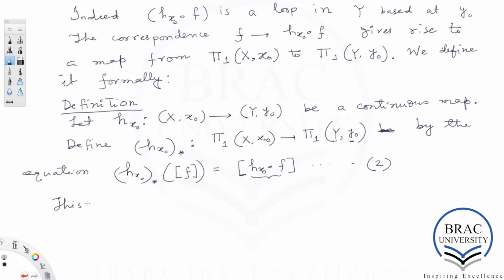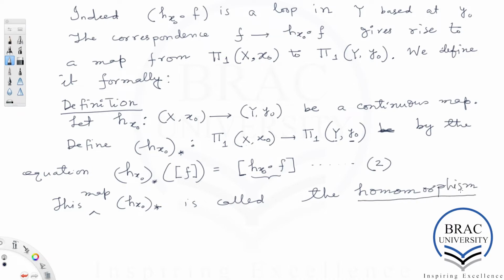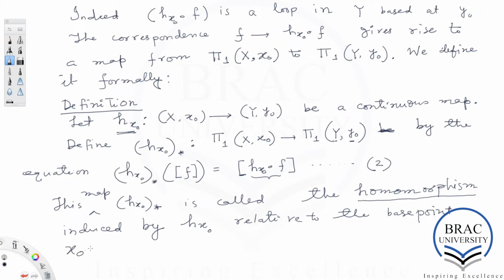This map h sub x0 star is called the homomorphism induced by the continuous map h sub x0 relative to the base point x0 in X. So this is the induced homomorphism.